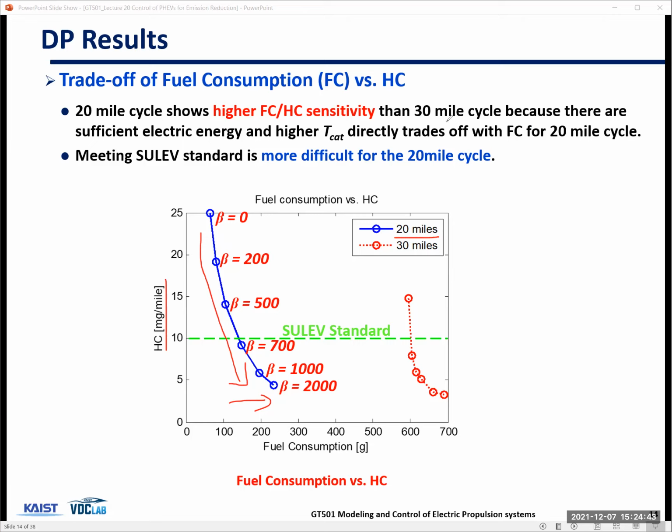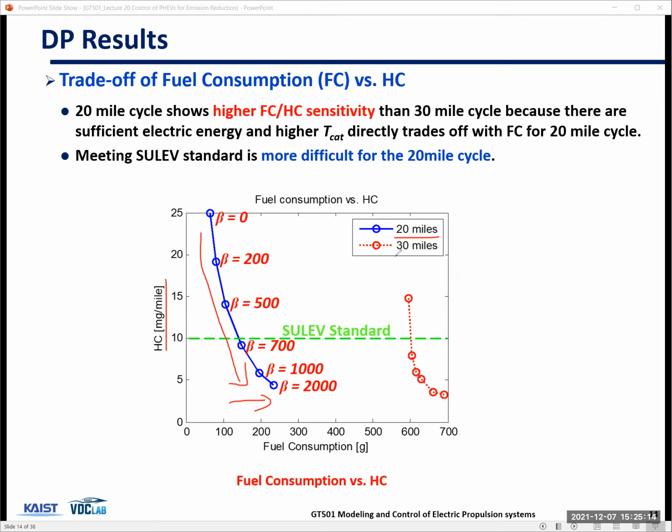By the way, the target vehicle has an all-electric range of 20 miles, meaning that you can travel 20 miles without using the engine unless power demand cannot be provided by the motor, okay? So that's why this trade-off is quite significant.